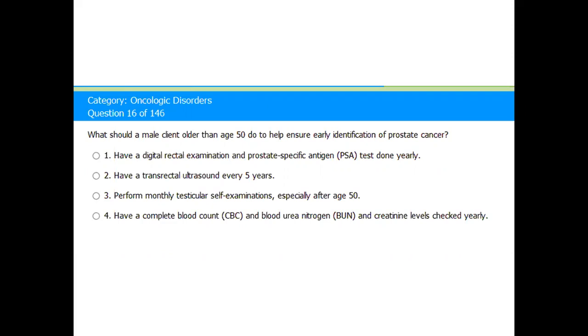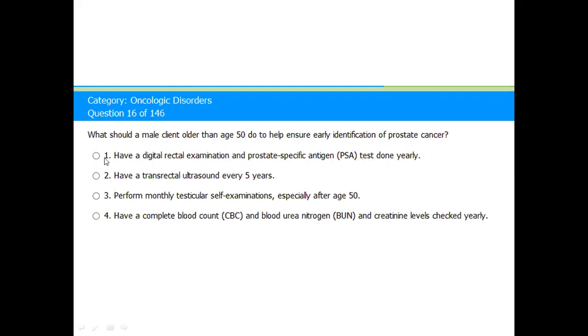So it is good to prevent. How can we prevent? Let me tell you, but find the answer. Have a digital rectal exam and prostate specific antigen, shortly called the PSA test.